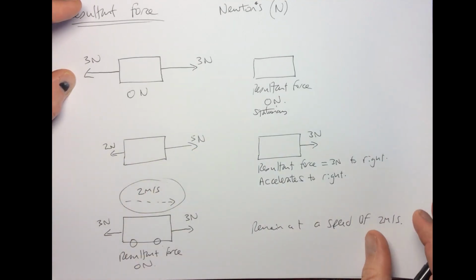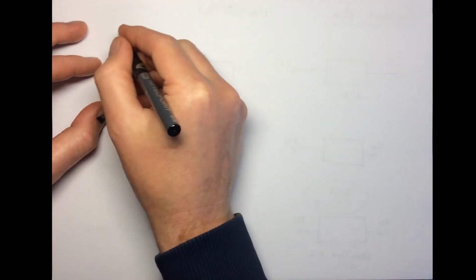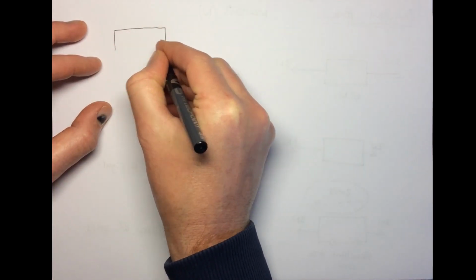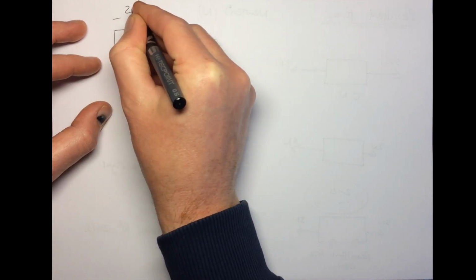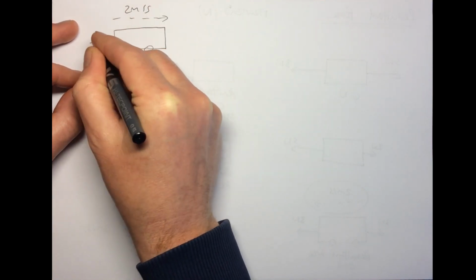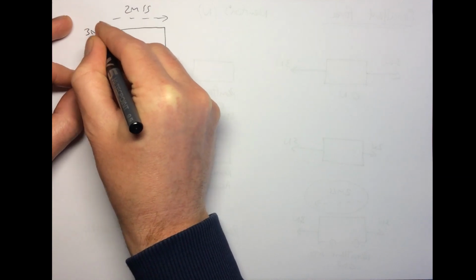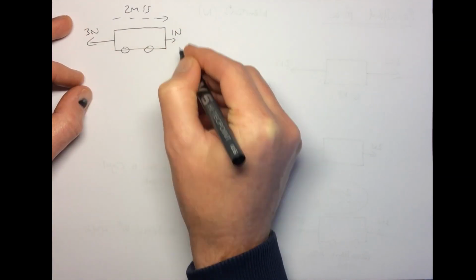There is one more example. Let's say that you've got this terribly drawn car again, and let's say it's already moving this way at 2 meters per second. Let's say there's a force of 3 newtons acting this way and 1 newton this way.